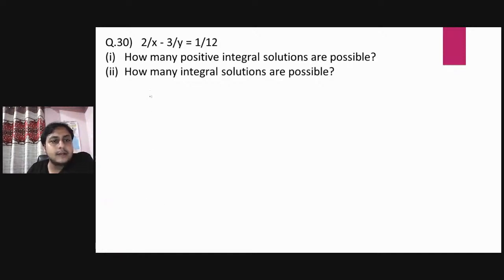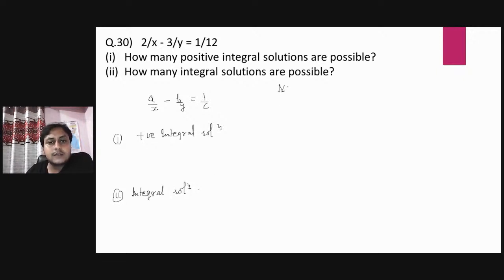If the question is like a by x minus b by y equals to 1 by c. So guys, the first one is for positive integral solutions, and the second one is integral solutions.